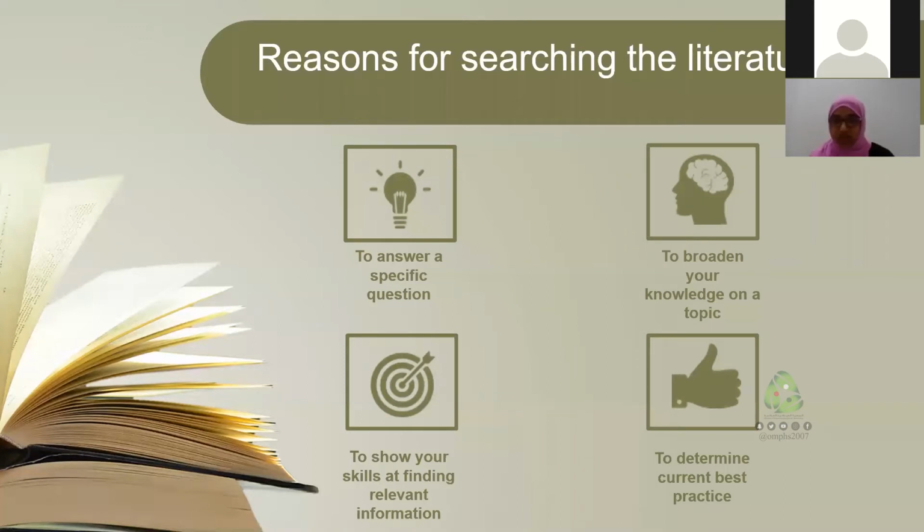Nowadays the talk of the town is COVID-19, and everyone is interested to know what's going on in the management of COVID-19, and we as pharmacists care about the best practice to treat COVID-19, what's available out there. Everybody, I think, at some point did some type of search on this topic.